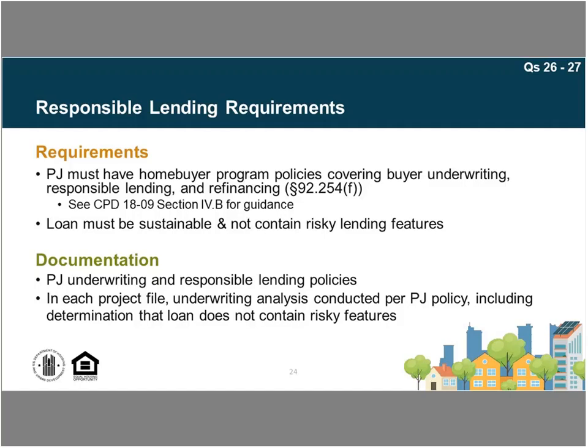So the documentation for this will be that you have these policies, first of all, as a PJ, and that secondly, within each project file, as a HUD monitor reviews, they'll want to see that you've done the buyer underwriting analysis per your policy, and that you also have reviewed the first mortgage and determined that it meets your responsible lending policies. So that documentation should be in the file, and it's really one of the essential tasks that you undertake when you do down payment assistance.